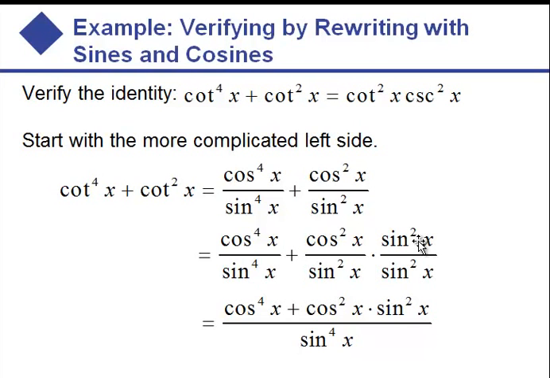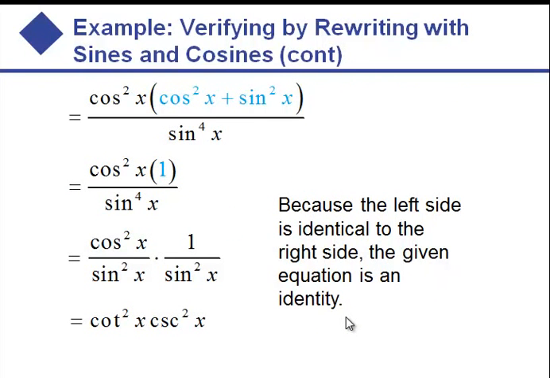Well, because everything's built on cosines and sines. So if we can make the left-hand side look like just a bunch of cosines and sines, then make the right-hand side look like a bunch of cosines and sines, we've got a good chance of then being able to see that the two sides are equivalent or not. Okay, so all of these steps was just getting it down to cosines and sines all over a common denominator. That's it.